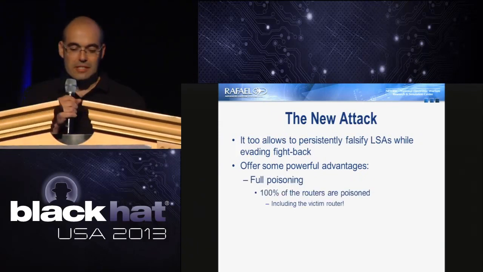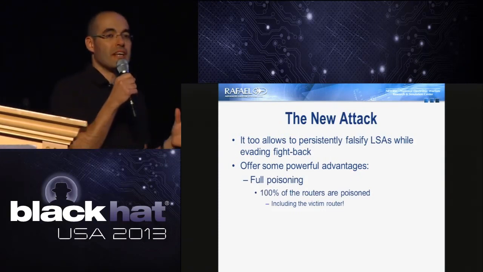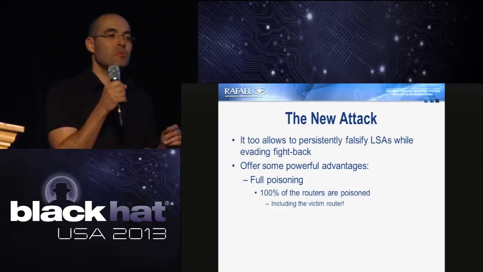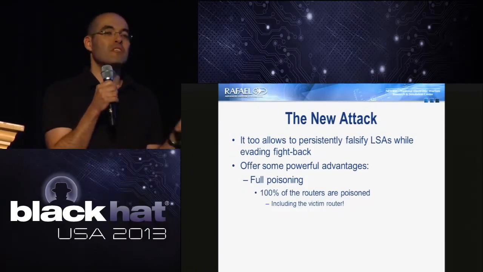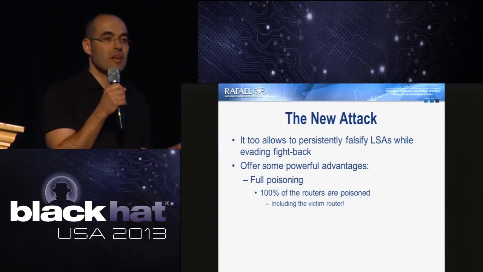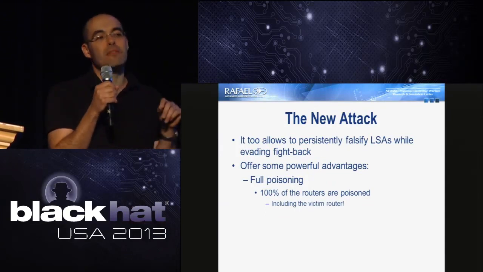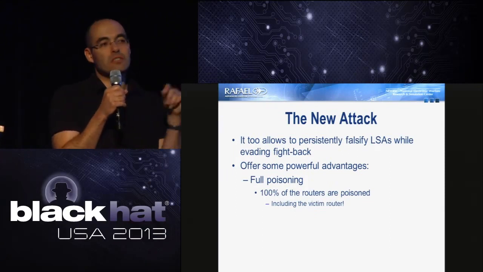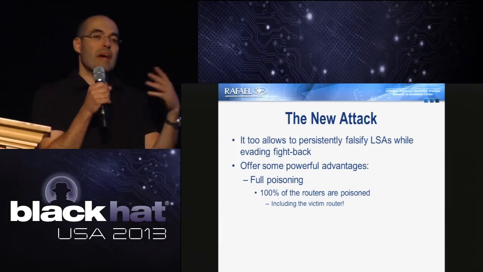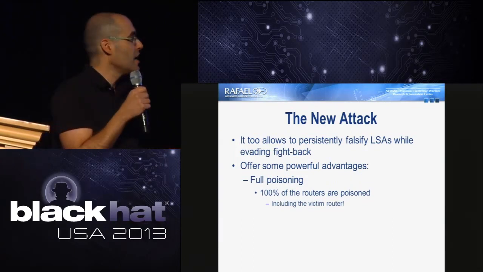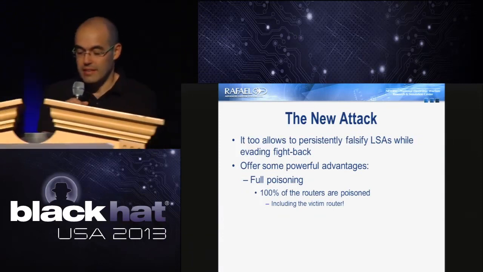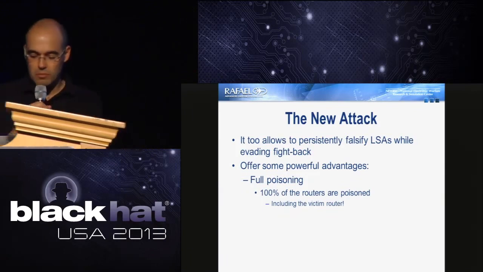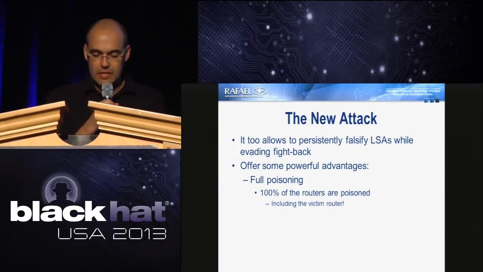First, it offers full poisoning, meaning that using the new attack I'm going to present, we can poison 100% of the routers within the autonomous system, including the victim itself, meaning the victim itself will now believe the false LSA we will be advertising on its behalf. The previous attack only poisoned some of the routers within the autonomous system, certainly not the victim.